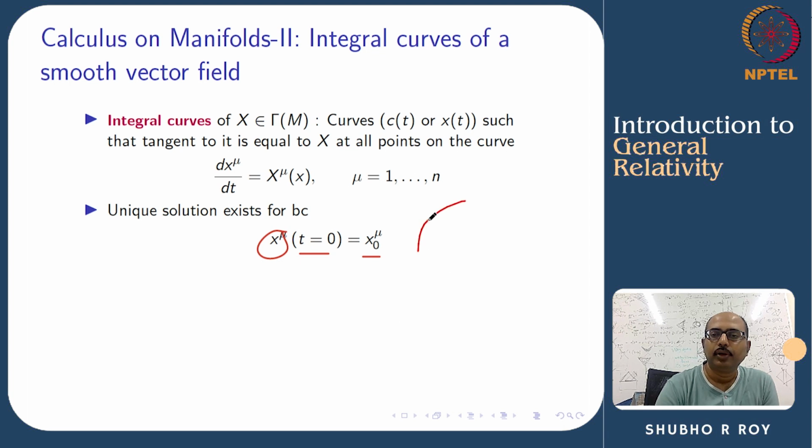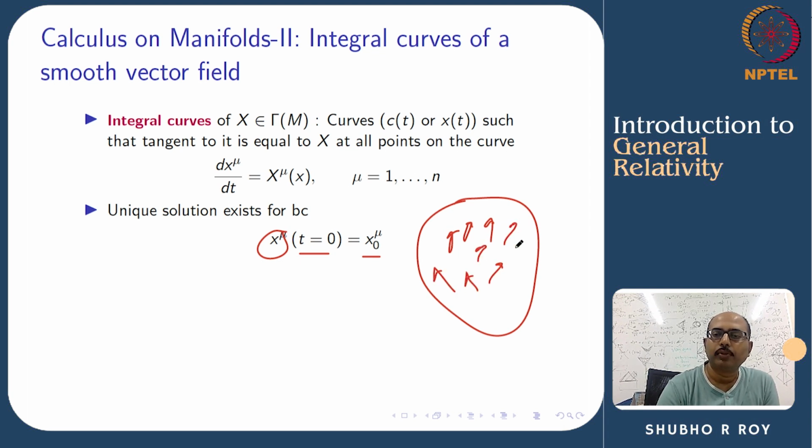So this is the manifold, and at each point you have some vector. Smooth vector field means that at each point there is a vector, something like this. And the idea is that through each point there will exist integral curves such that the tangent vector will coincide with the vector field. Again, for example here it would be something like this, and here it would be something like that.